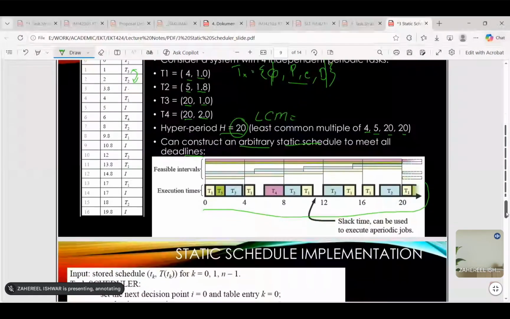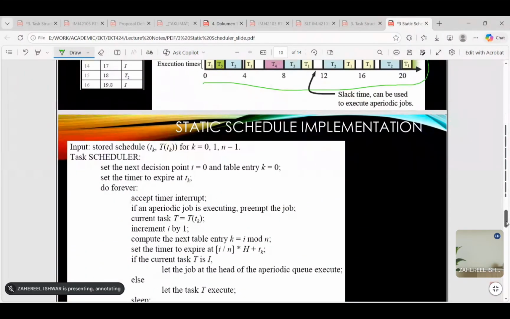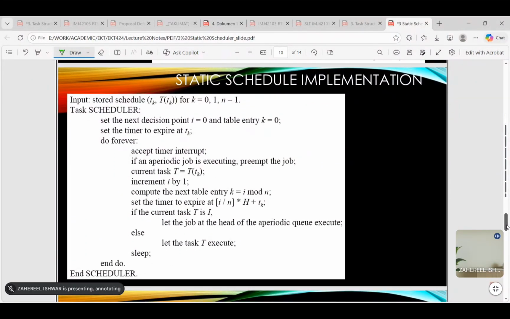Now translating the table into an algorithm, it becomes like this. This is the algorithm that you will program inside your computer later on. Input, store the schedule. So this is the schedule. You have a pointer pointing to the first location and then the next location and so on every time the interrupt happens.